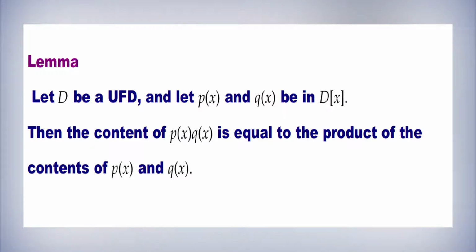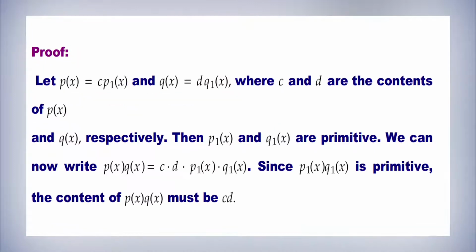Lemma: let D be a unique factorization domain and let p(x) and q(x) be in D[x]. Then the content of p(x)q(x) is equal to the product of the contents of p(x) and q(x). The proof: let p(x) = c times p1(x) and q(x) = d times q1(x), where c and d are the contents of p(x) and q(x) respectively.